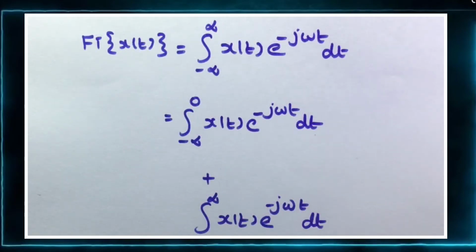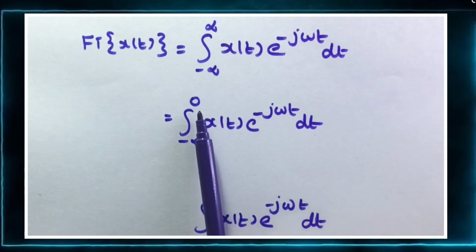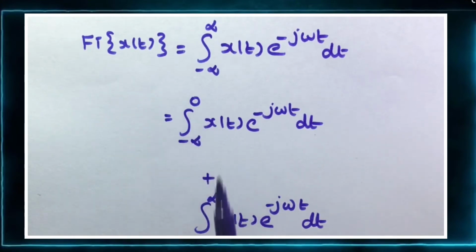Now tell me, what is the expression for x of t over the interval minus infinity to 0? It is e raised to 1 by 2t. And what about 0 to infinity? It is e raised to minus 1 by 2t.